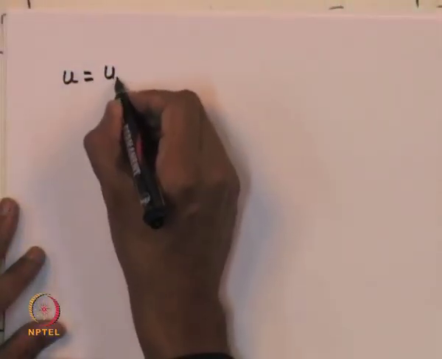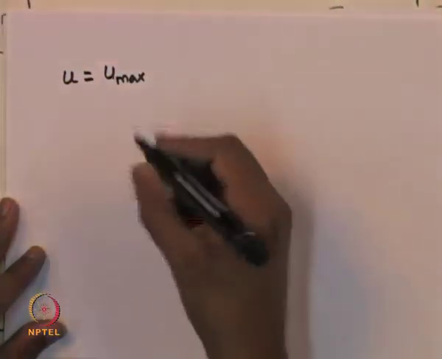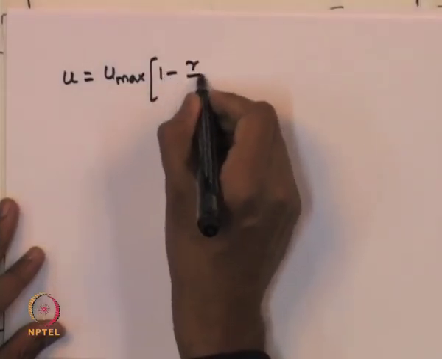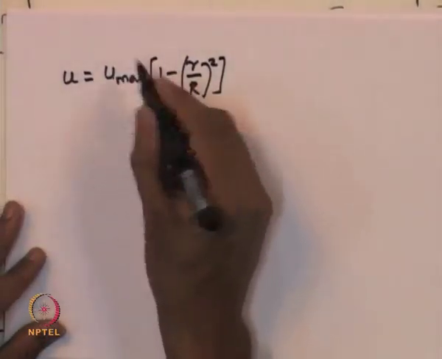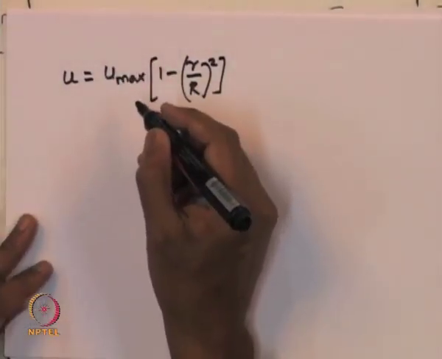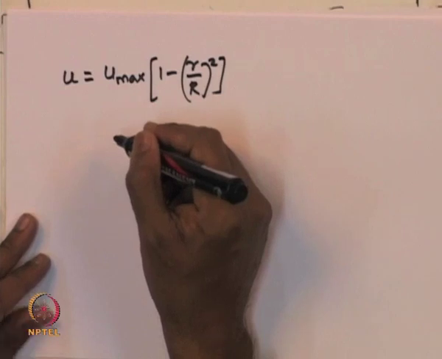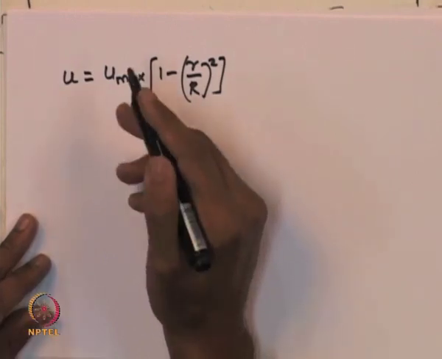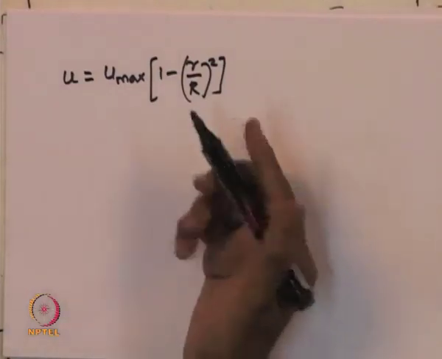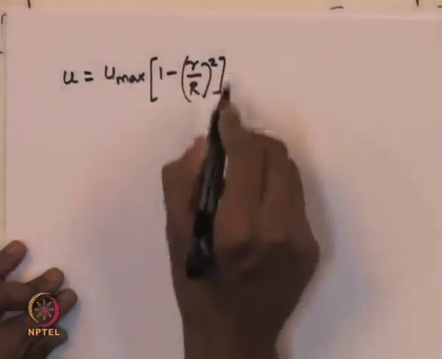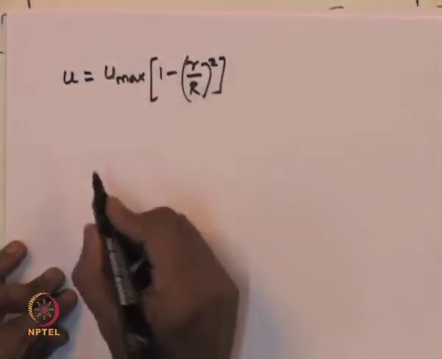Therefore, the velocity profile u is given by u max, which is the maximum velocity at the center, multiplied by 1 minus r by R the whole square. Now, often this maximum velocity may not be known. Instead, what may be known is the average velocity, that is the velocity of the fluid stream averaged across the whole cross section, and that can be estimated from the local velocity expression.